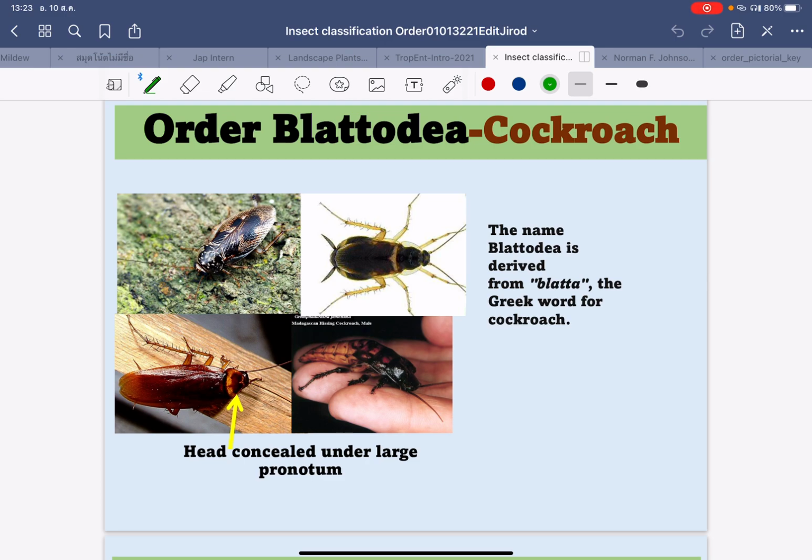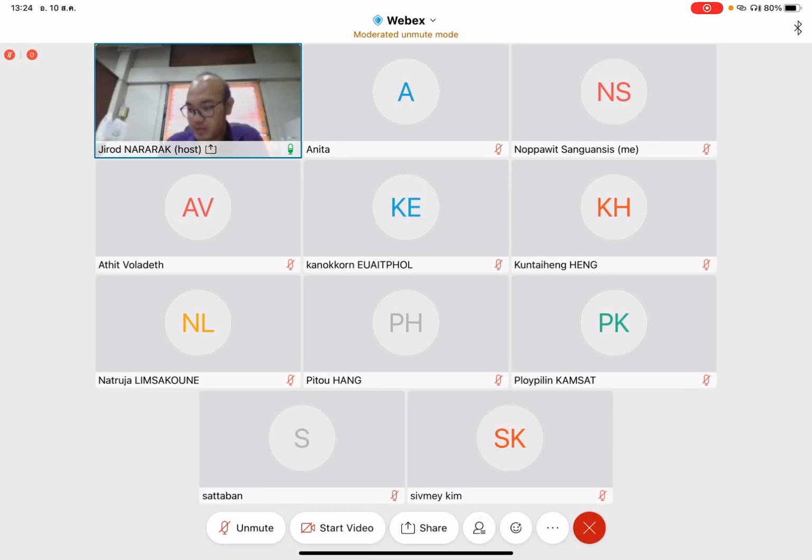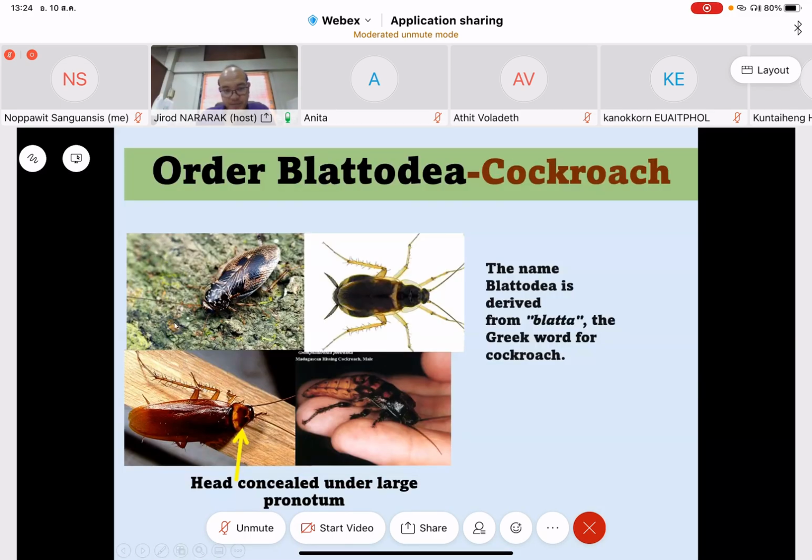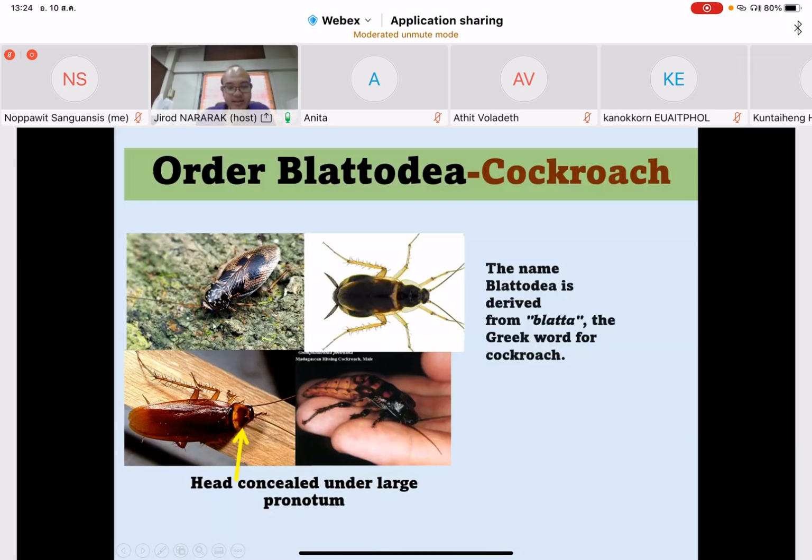It belongs to Blattodea. They have many families, and here are the characteristics of this insect. You can see the body is very flat, and the legs are spiny. You can see here many spines, and they have long antennae. One outstanding characteristic is that their head is concealed under a large pronotum.